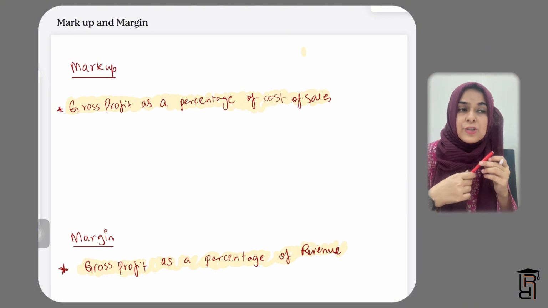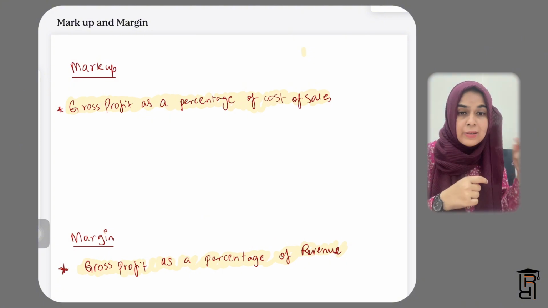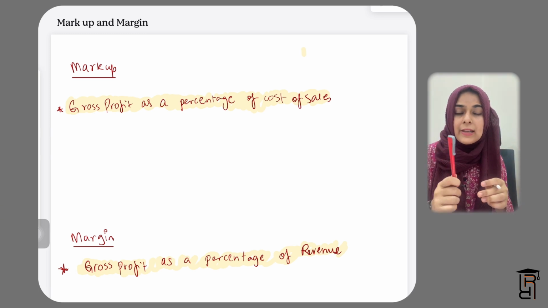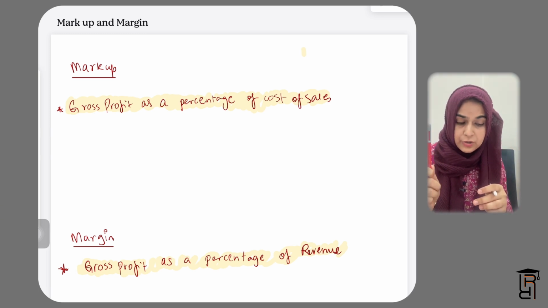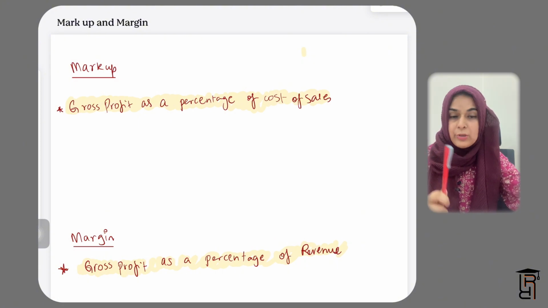So basically I'm trading right now, purchasing pens from somewhere else and selling those and making a profit out of it. This pen I got for 100 rupees, and let's say I decide to mark this pen up by 25 rupees. So I'm going to sell this pen for 125. So my selling price will be 125.